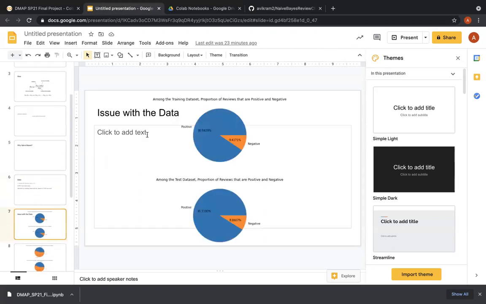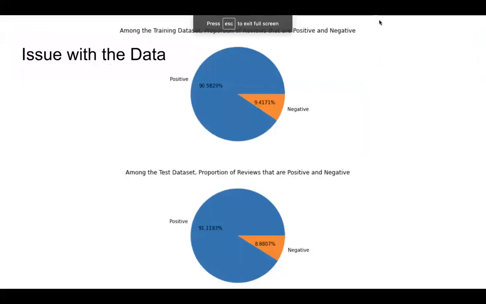But the issue with splitting it just halfway is that among the training and test data sets, when we consider the proportion of reviews that are either positive or negative, there is a much higher proportion of positive reviews than negative reviews. 90.5829% of reviews in the training data set are positive, compared with only approximately 9% negative.